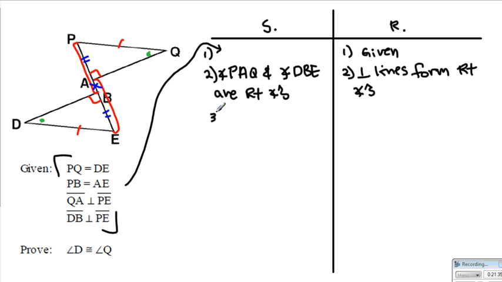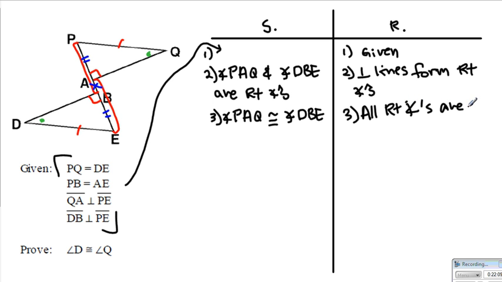Now, statement number three, then we get to realize that these two angles are in fact not only right angles, but also congruent to each other. Now, the reason behind it is because, as we mentioned, all right angles are congruent.